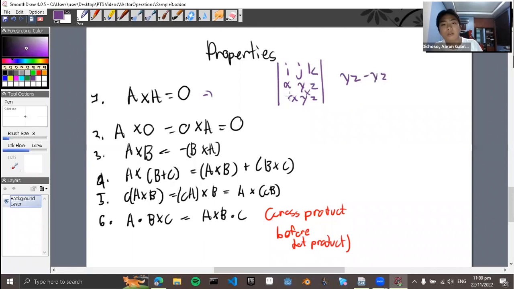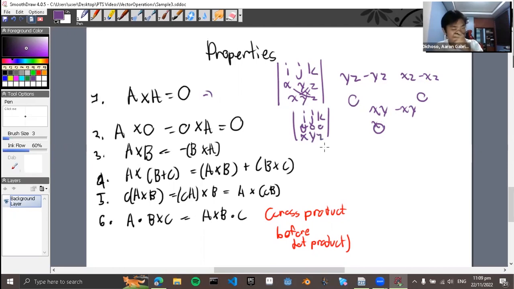So it's 0. Ito naman, xz minus xz, also 0. xy minus xy. So that's 0. So that's why that happens. Similarly, ganun din, no? If we were working with 0 cross A, B, it's 0, 0, 0. So you are just multiplying everything by 0.